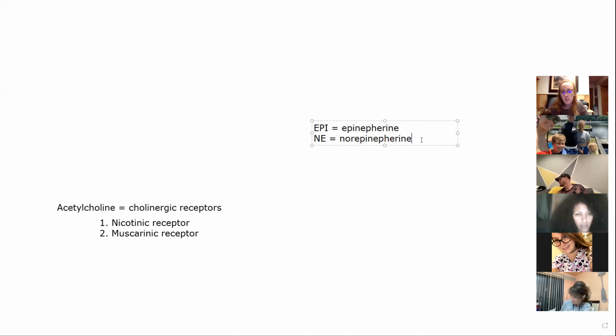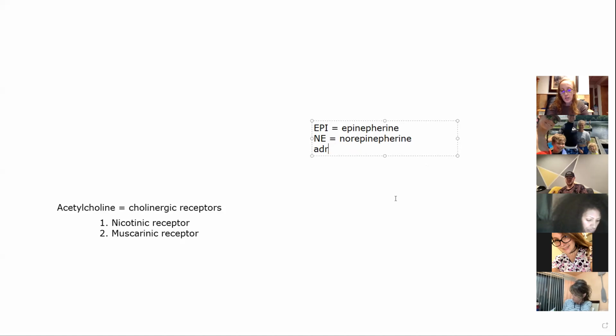And these are always going to be found at adrenergic receptors, because adrenaline was the first word, what we called epinephrine. Epinephrine was originally called adrenaline. Norepinephrine was originally called noradrenaline.